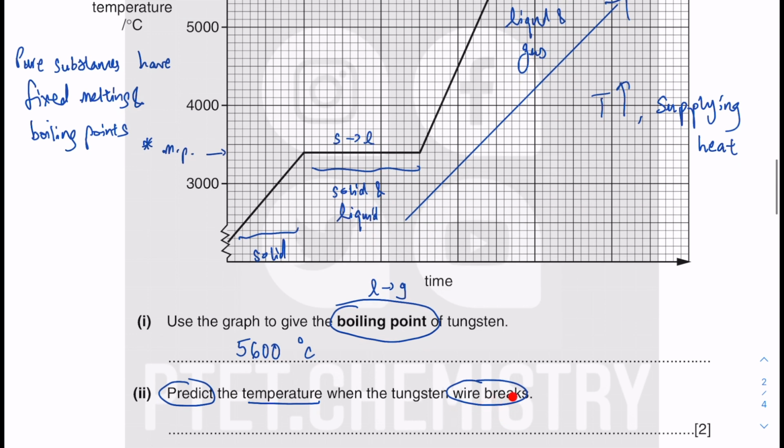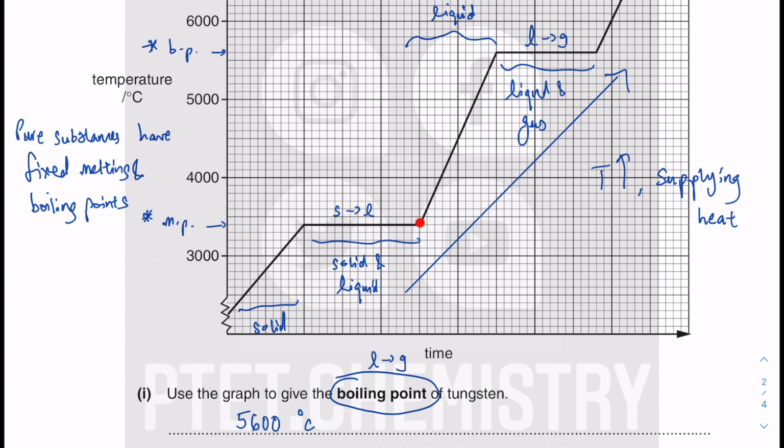So when the tungsten wire breaks is when it melts. So this is the end of melting. So this is already liquid. So at this stage, it might get too hot that it will break already. So this temperature is the melting point. So it does not break when it's at the melting point because it is still solid. It's only at the end of the melting.